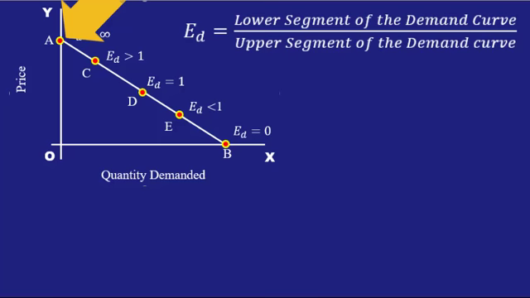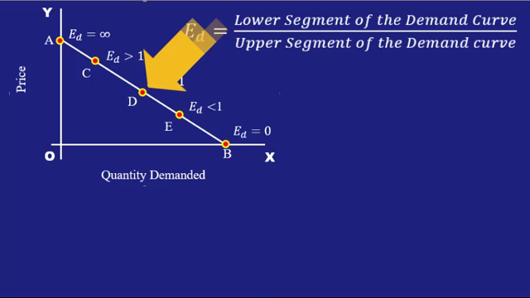To measure elasticity at point D, let us divide the lower segment DB by upper segment AD. Since D is exactly at the middle of the demand curve, the length of the lower segment must be equal to the length of the upper segment.